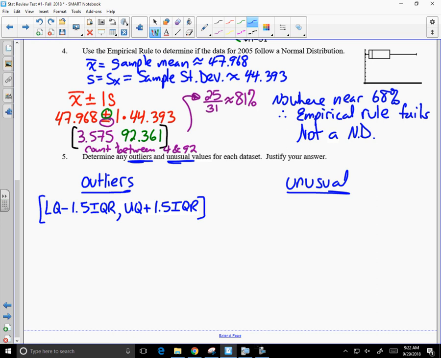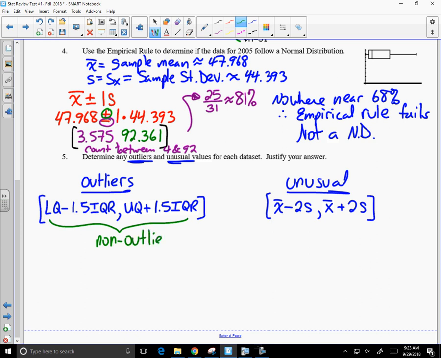X bar minus 2s, comma, X bar plus 2s. That's going to help us determine unusual values. All right. So the one thing to remember is anything that falls in this interval is a non-outlier. And this is not unusual.